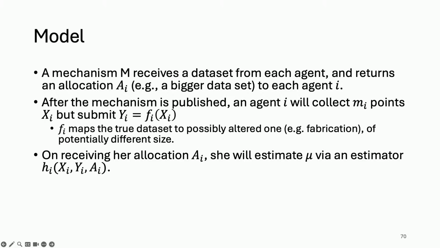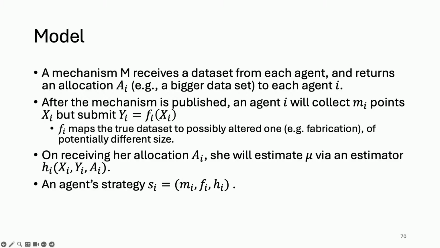Then on receiving her allocation a_i, the agent i can estimate the mean by an estimator h_i, which is a function of the true data set, their fabricated data set, and their allocation. So in this model, an agent's strategy space has 3 parts.